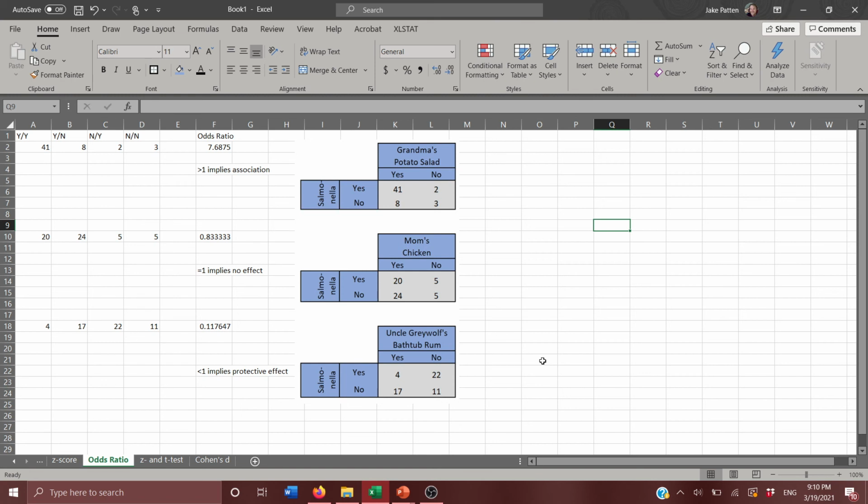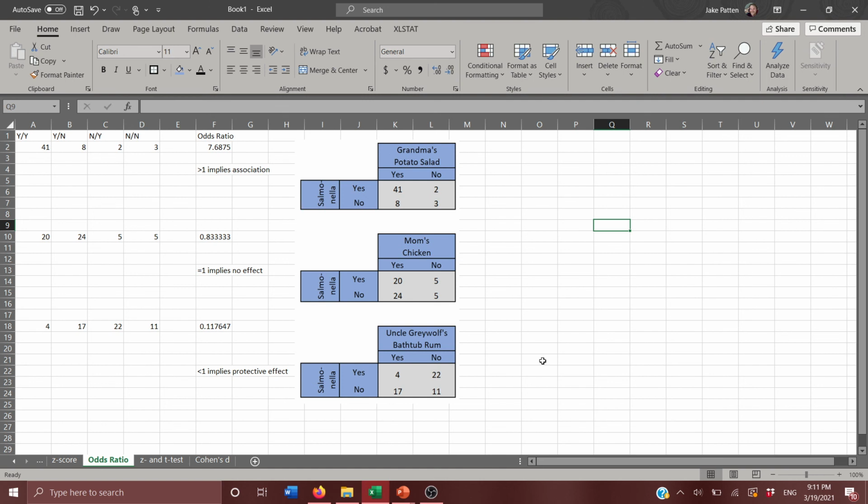pre-industrial times. Not so much anymore, depending on what country you're in. But it's a pretty gnarly illness. Salmonella is too. It can also cause death, but I'm just not sure if bathtub rum kills salmonella. But assuming that a drinkable alcohol kills a foodborne bacteria, then you would see a protective effect like this.